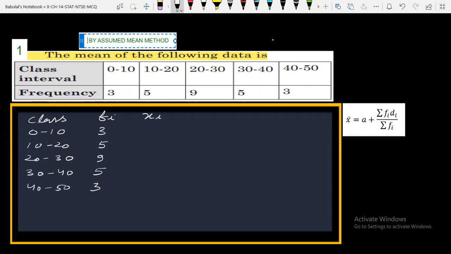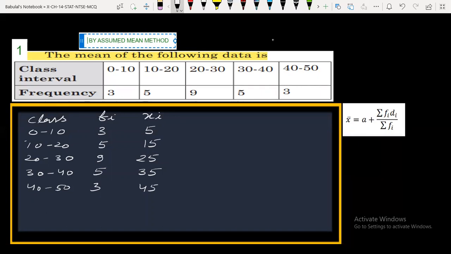Now we also have to find out the class mark as usual. So xi is the class mark. Class mark means lower limit plus upper limit divided by 2. So 0 plus 10, 10 divided by 2, this is 5. 10 plus 20, 30 divided by 2, that is 15. 20 plus 30, 50 divided by 2, that is 25. 30 plus 40, 70 divided by 2, this is 35. 40 plus 50, 90, divided by 2, that will be 45.